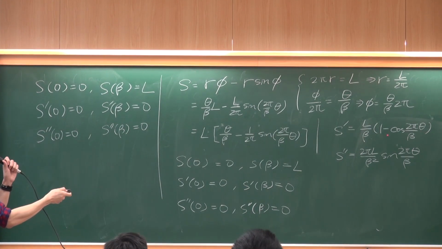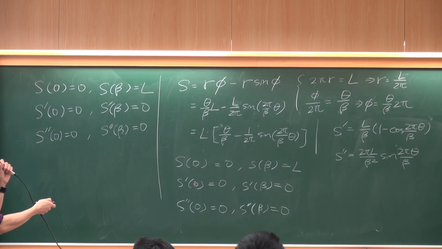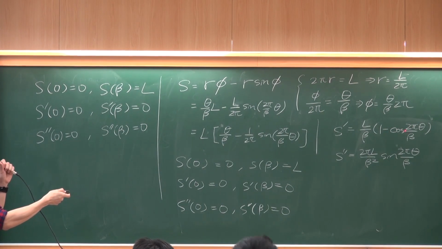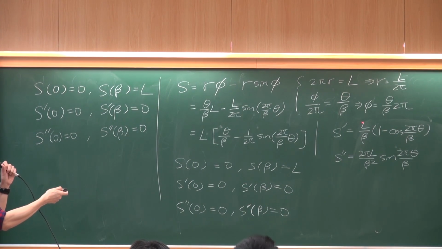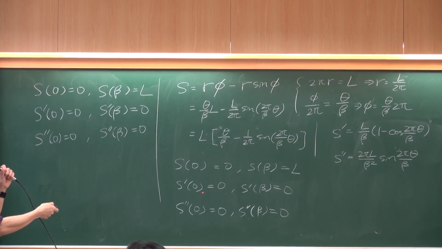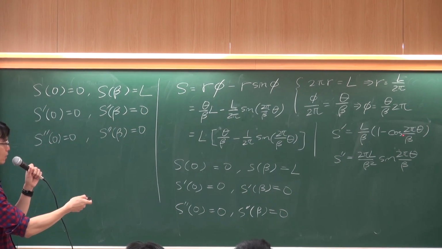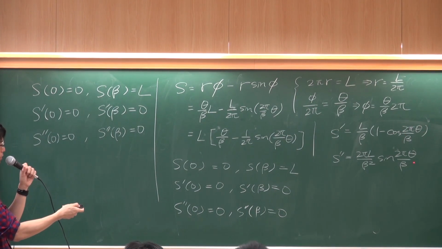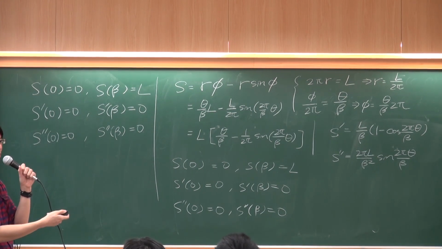For the velocity, we can also just substitute theta with 0. Cosine 0 is 1. So 1 minus 1, you'll get 0. So S prime of 0 is 0. How about S prime of beta? If you substitute beta into this equation, cosine 2 pi is 1.